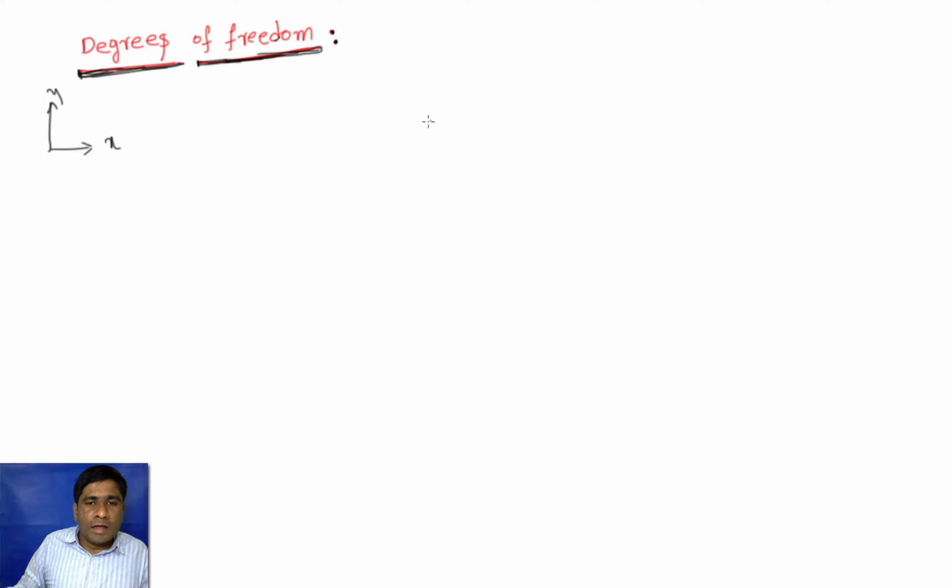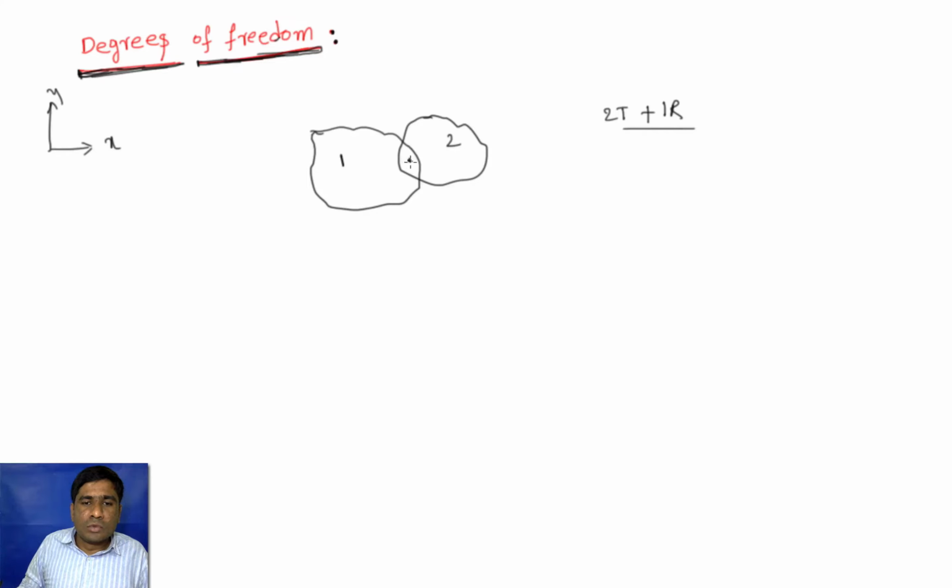And already I have considered a rigid body like this, and this rigid body in a plane has 2 translations and 1 rotation. And if I consider another rigid body like this, so this is body 1 and this is body 2, and these two bodies are hinged, are pinned at this position O. So we will see how these combined degrees of freedom are affected.